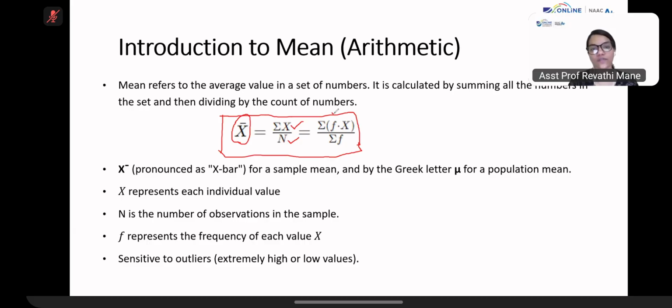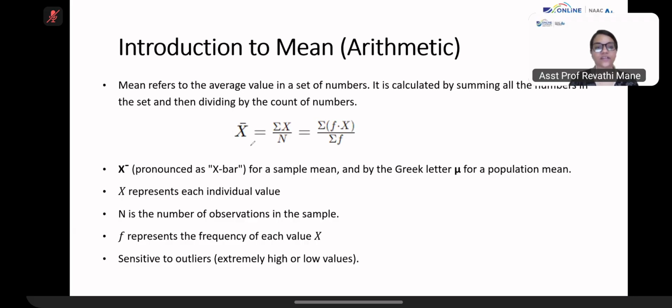एक और फॉर्मूला है जो आप यूज करोगे जब आपको मीन कैलकुलेशन करना है फॉर ग्रुप डेटा. So the formula goes like this: summation of f of x divided by summation of f. F is nothing but the frequency of each value of x. So this formula you have to remember for calculations.